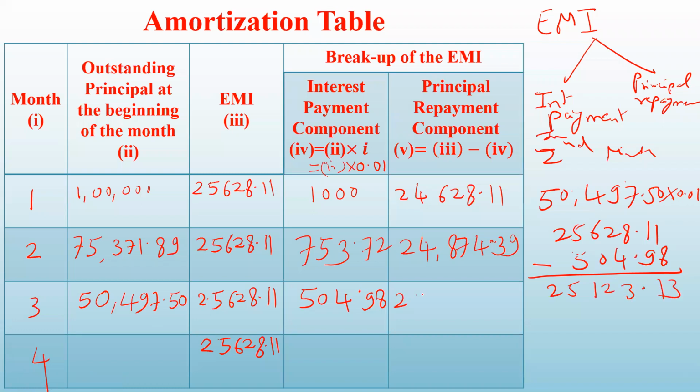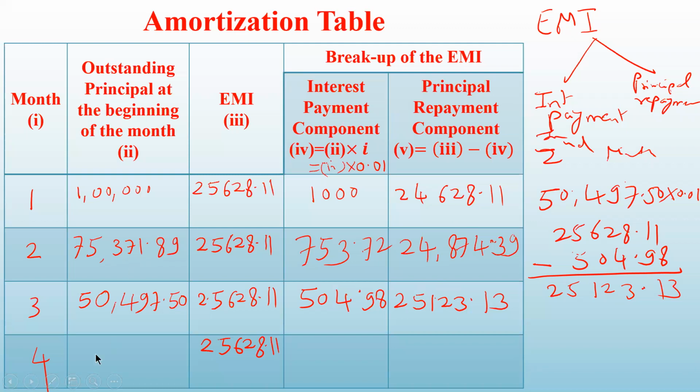So this is what I'm going to write here. Okay. So out of 25,628.11, 504.98 has gone for the interest payment, and the remaining part, that 25,123.13, has gone for the principal repayment.